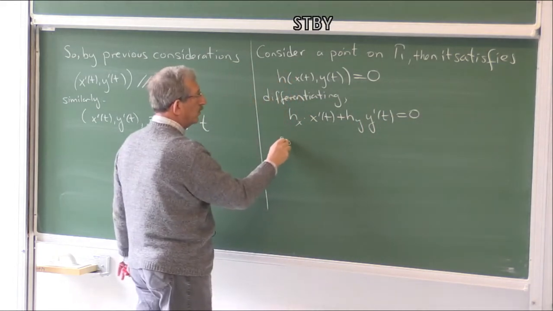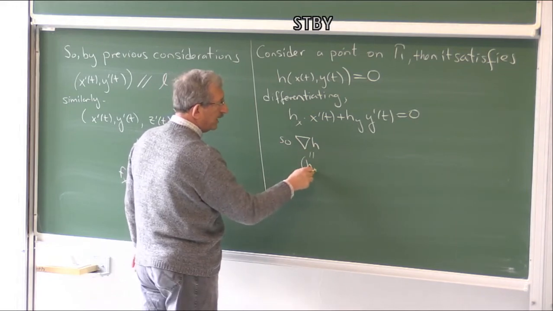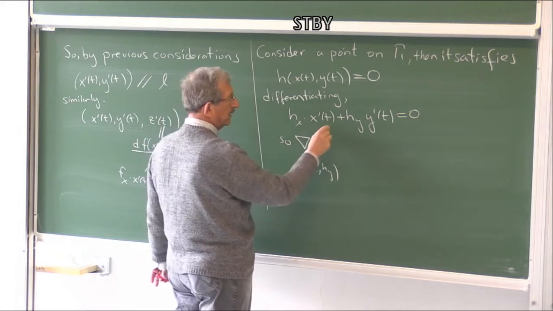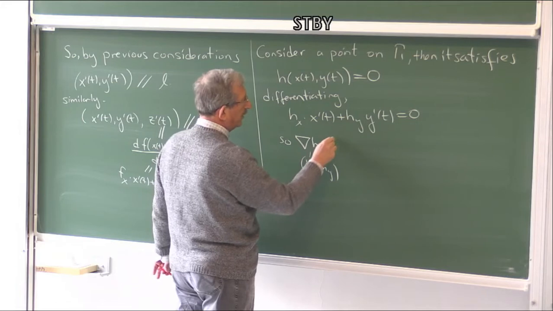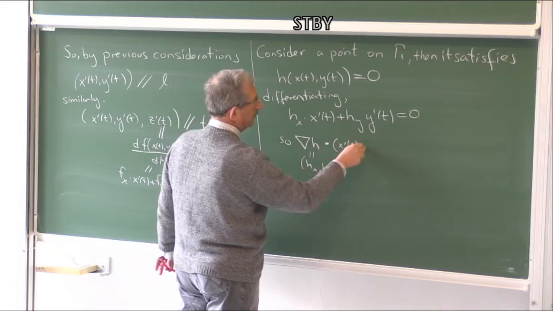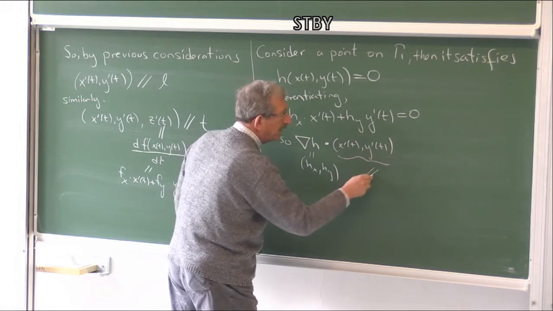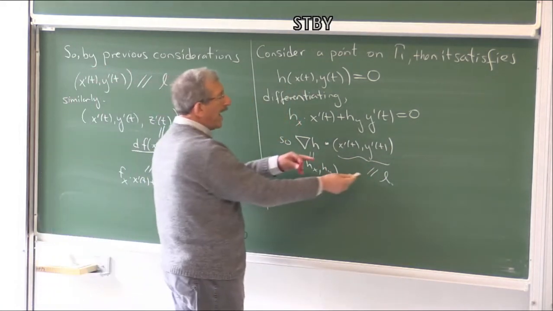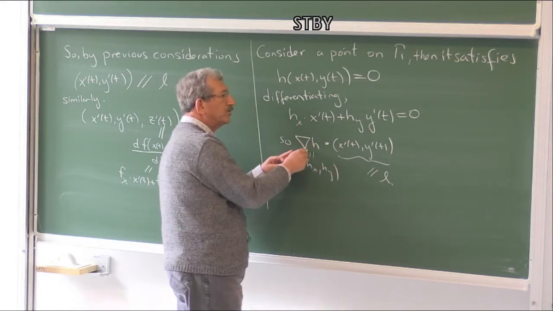h sub y, y prime t is 0. Okay, so gradient h, which is h x, h y, is perpendicular to, well, this is just this dot product. Okay. And this is parallel to L, as we remarked. Okay. So any vector parallel to L, dot gradient H will be 0.